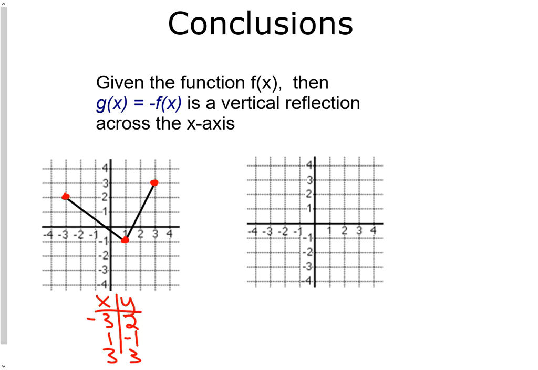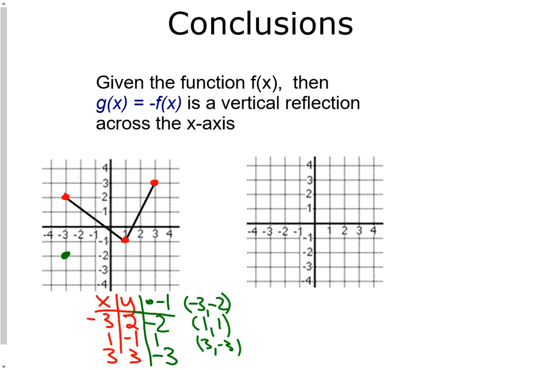So since I'm multiplying f of x by a negative, that means that's my y values. So I'm multiplying by -1, and I get -2, +1, and -3, which means my new points are at -3, -2, 1, 1, and 3, -3. So let's see what happens when we plot those points. So -3, -2.